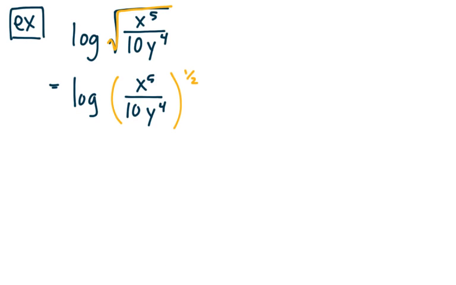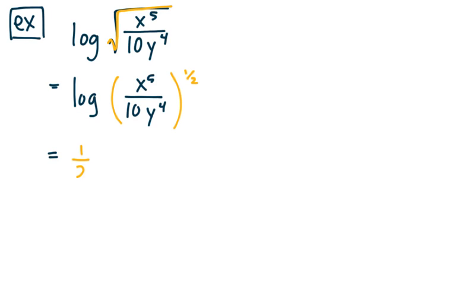Now I have two options here. I can take that 1/2 power and distribute it to all three of my factors in the argument. But I find that students sometimes make a mistake there. So I'm going to go ahead and use my power rule and put that 1/2 in front.